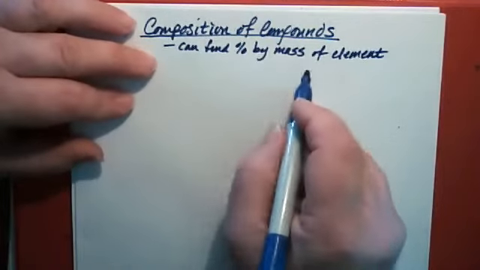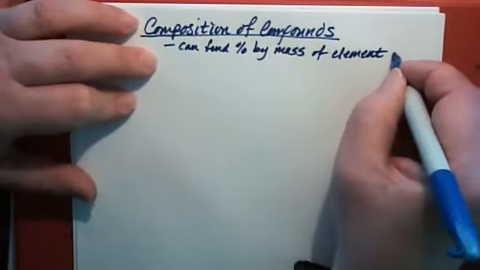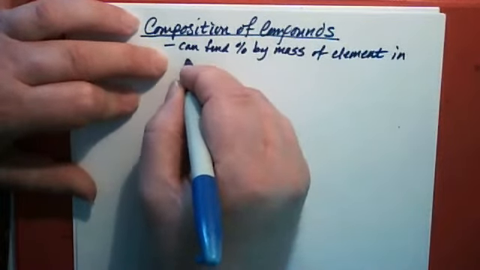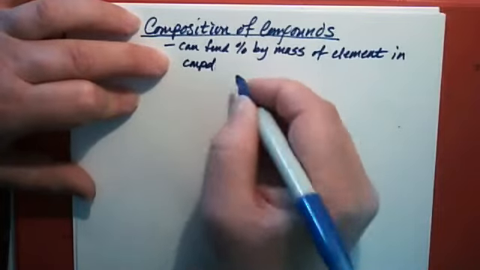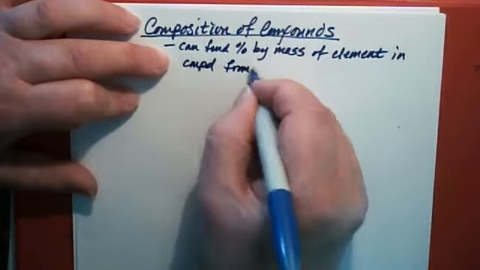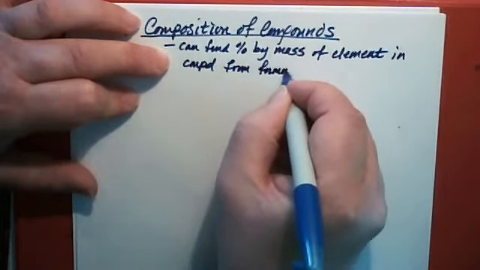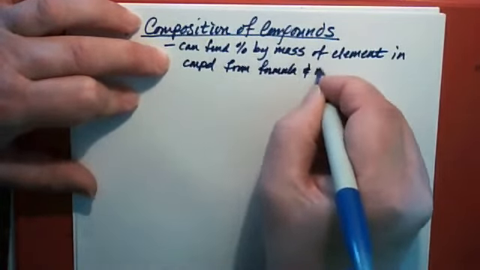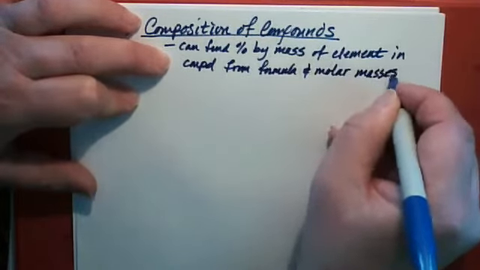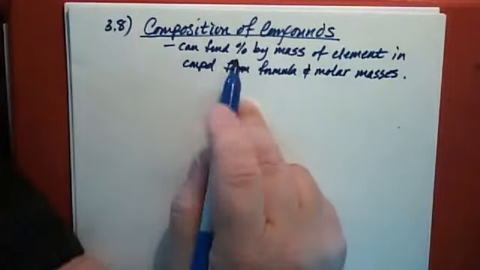So we can find the percent by mass of an element in a compound by using the formula and molar masses. There are, of course, other ways that you can find percentage.